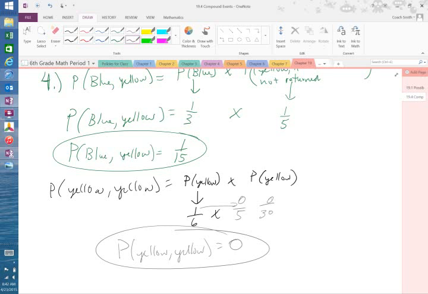Now, if you put 0 over 30, that's okay, but you really just need to put 0. It's not wrong, but it's just 0. Because realistically, 0 over 30 is not simplified. 0 over 30 simplified is 0. All right? So, not real hard. It's sort of easy. Just a matter of whether you can keep up with what's going on.